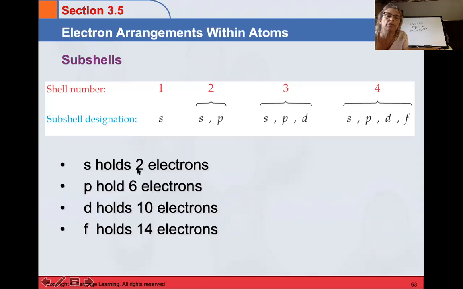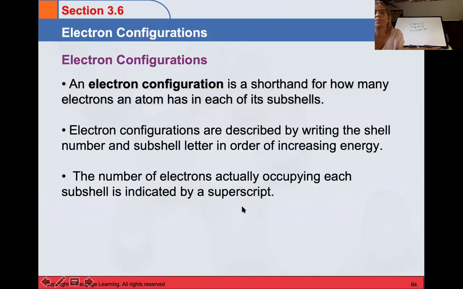The S subshell can hold 2, the P subshell can hold 6, the D subshell can hold 10, and the F subshell can hold 14. And I'll show you how we use these shells and subshells to build up the electronic structure for atoms, how we add the number of electrons to atoms.